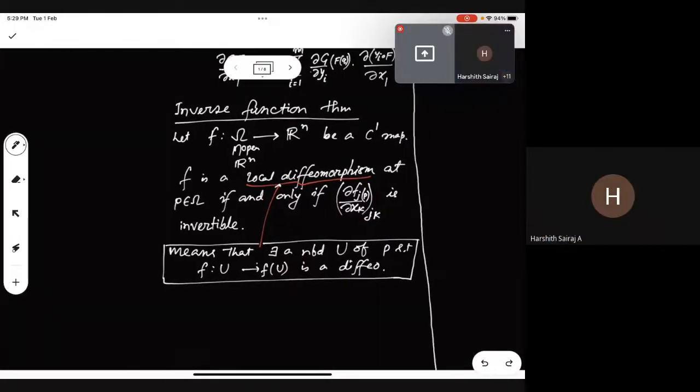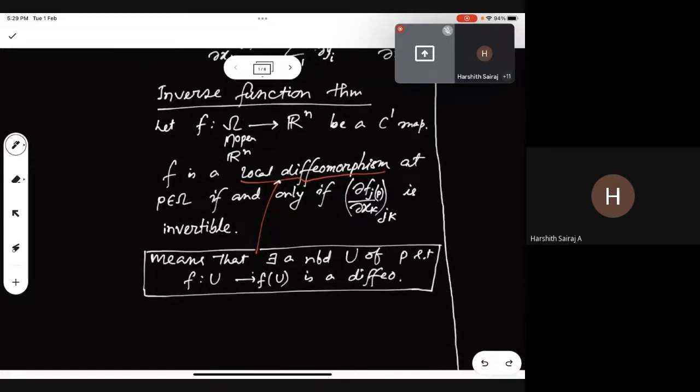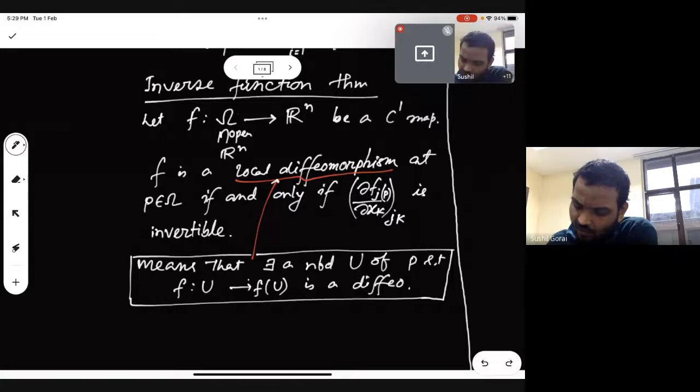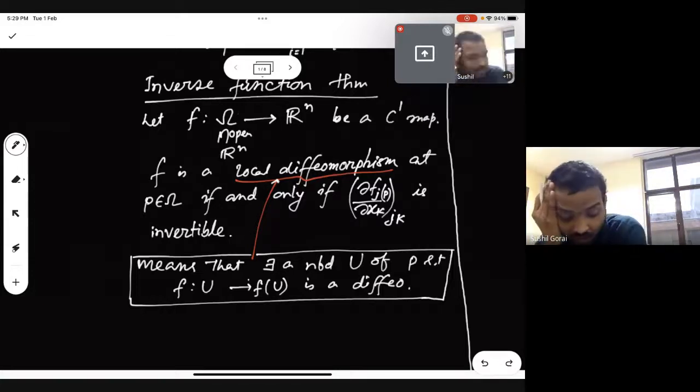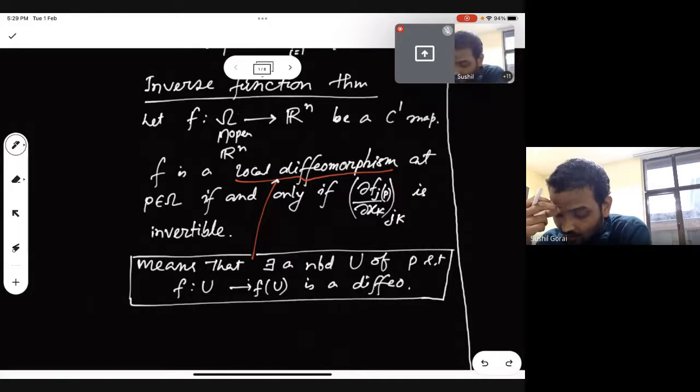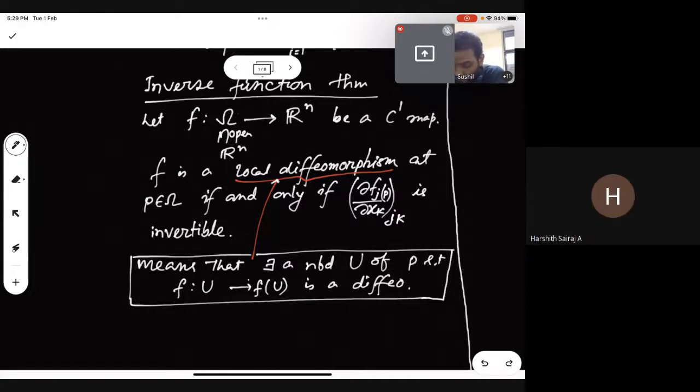Sir, can you repeat why you took a C1 map instead of C infinity at the start? So it's basically diffeomorphism. What definition did you give for a diffeomorphism? Sir, I think it was C infinity.